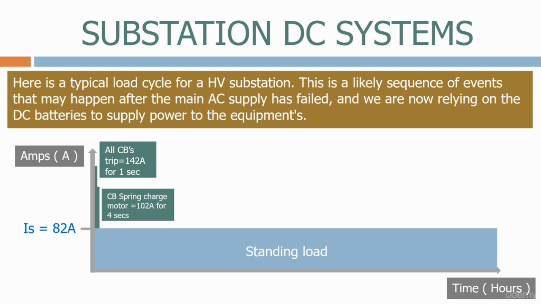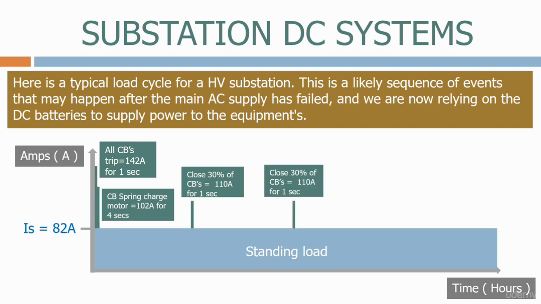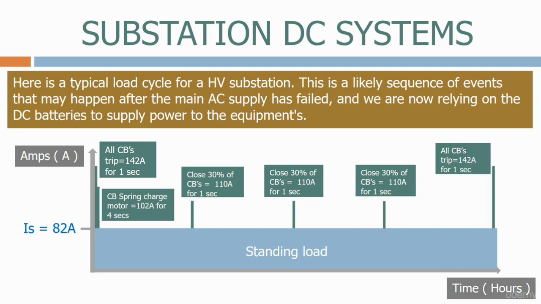Next, we've assumed that after a few hours, we close 30% of all the circuit breakers, and this event is repeated throughout the cycle. Finally, we want to make sure that there's enough energy left in the battery to trip all of the circuit breakers on the system, so we add this load right at the end of the cycle.